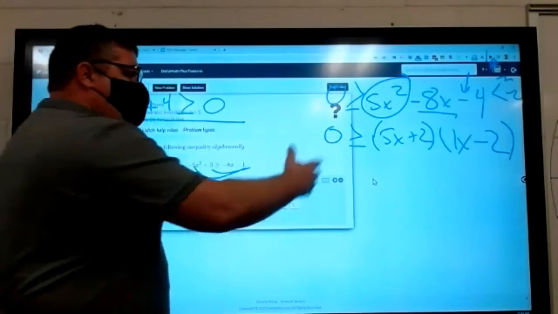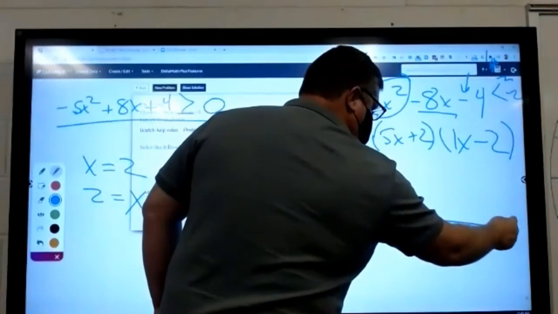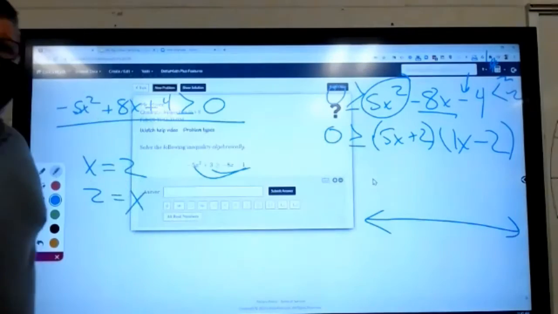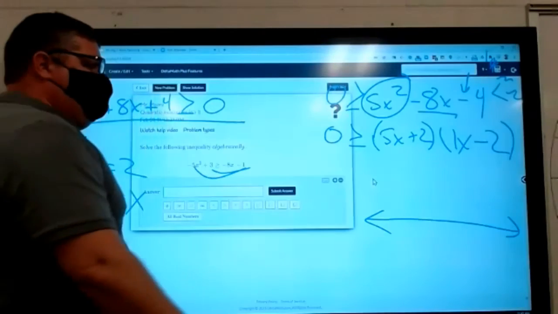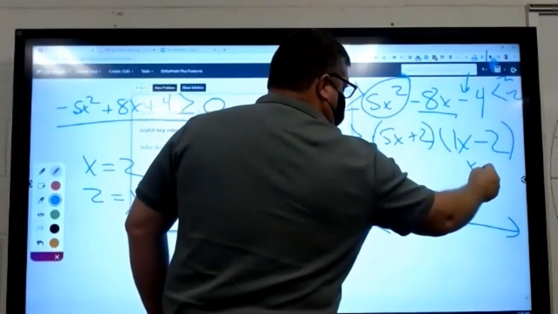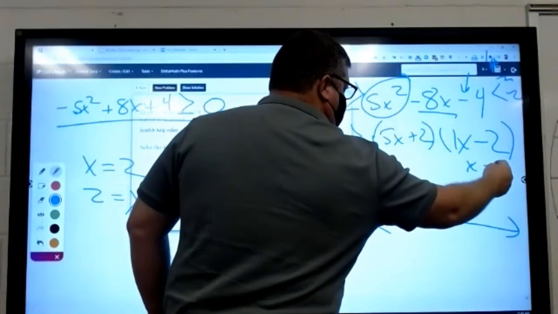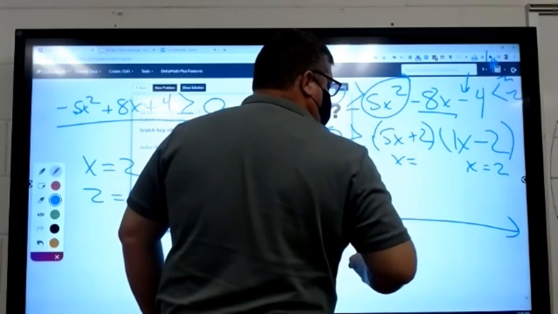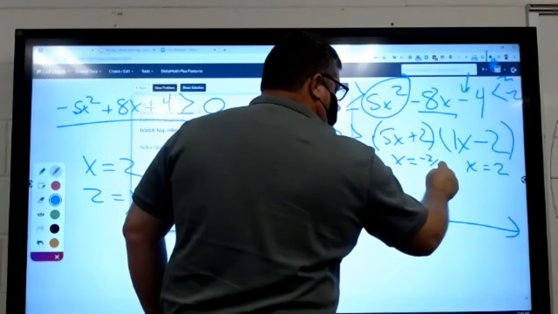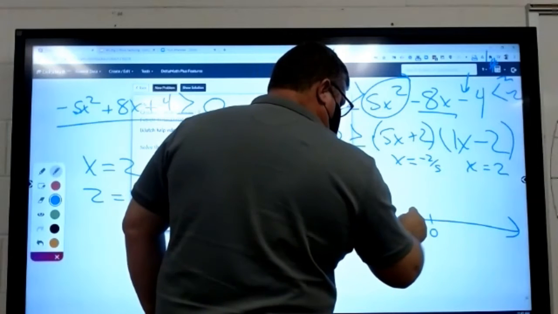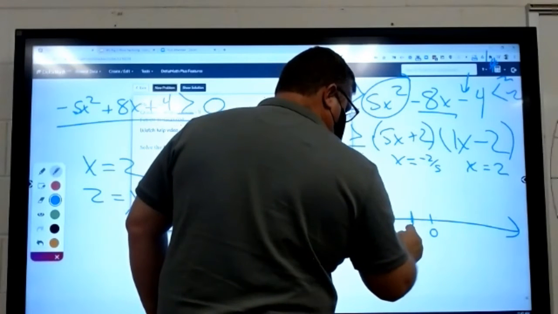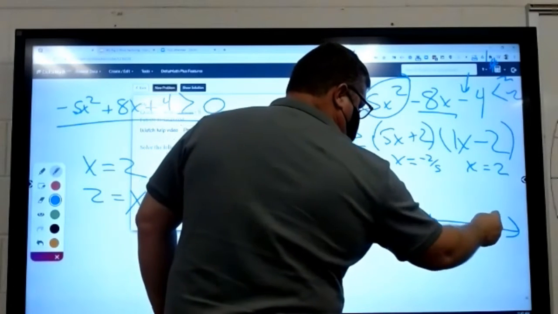So what do I do now that I haven't factored? What do I need to do? Set equal to 0. X equals 2. X equals -2/5. So if here's 0, we have -2/5, and we have +2.